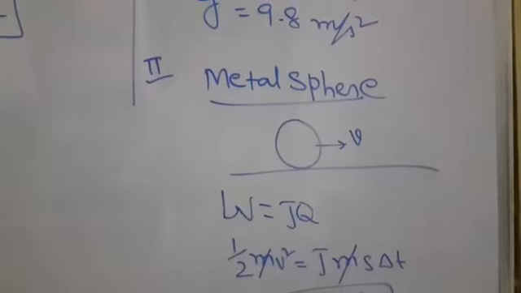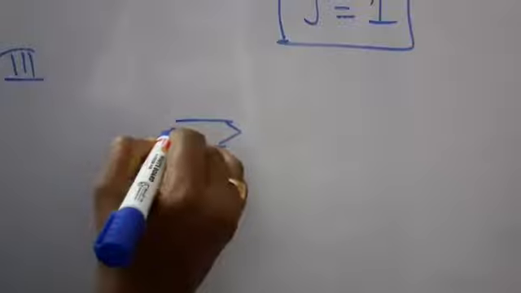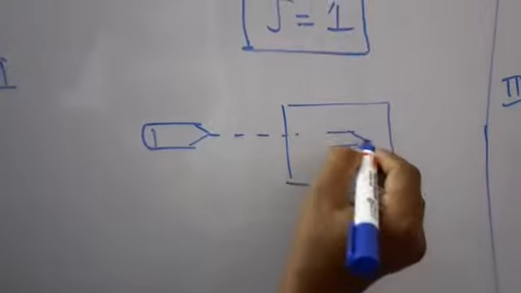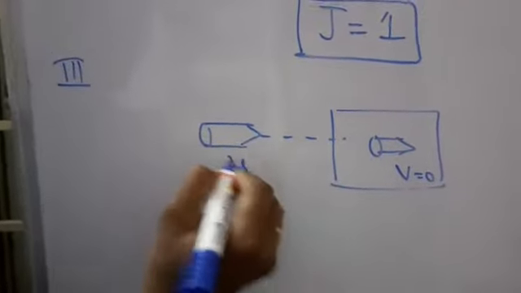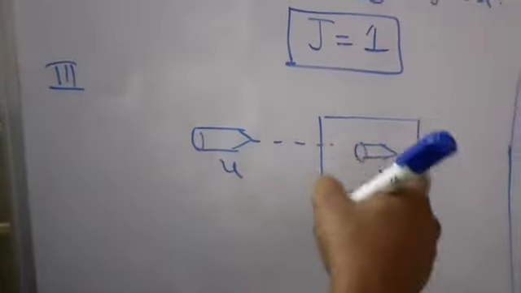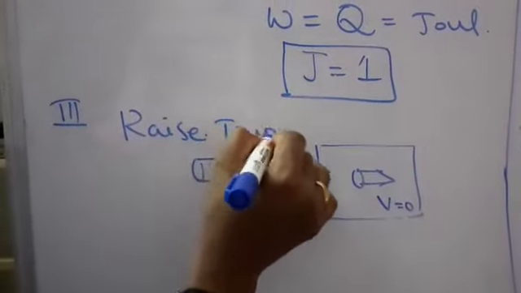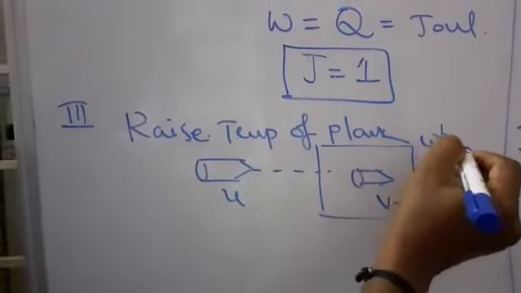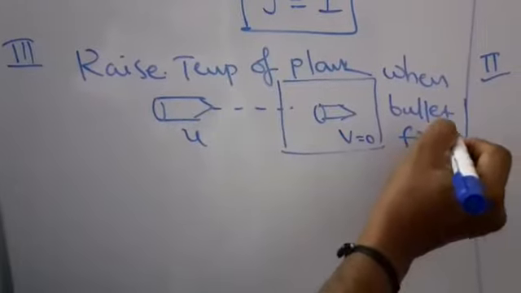Next concept, third application. A bullet penetrates into a wooden plank. Finally it comes to rest, right? So the final velocity becomes 0, the initial velocity is u. So the rise in temperature of the plank when the bullet is fired.